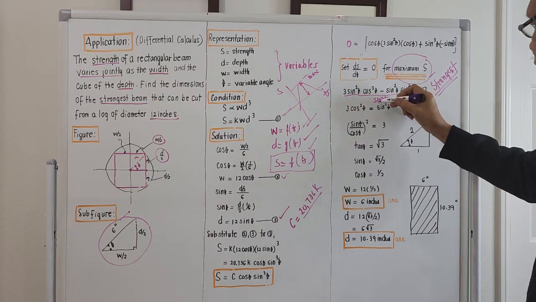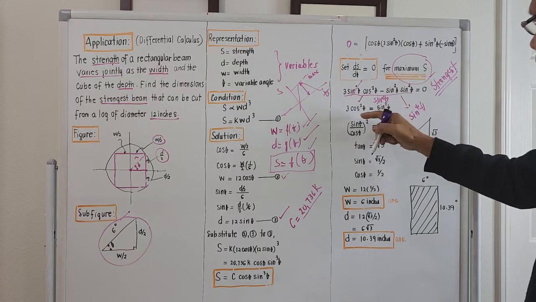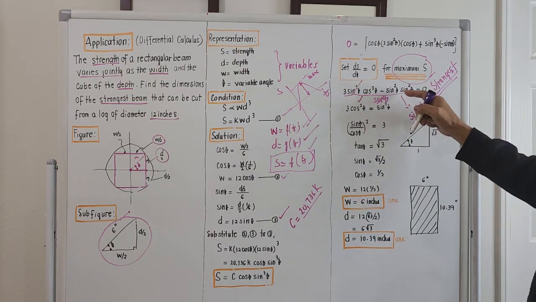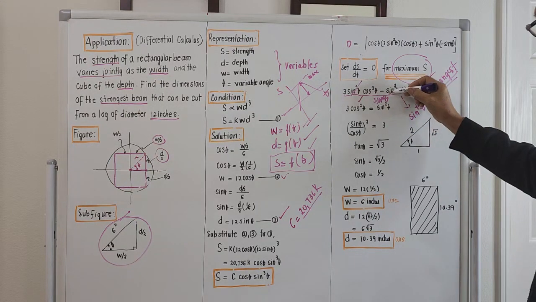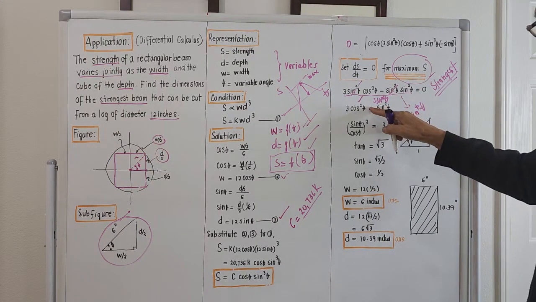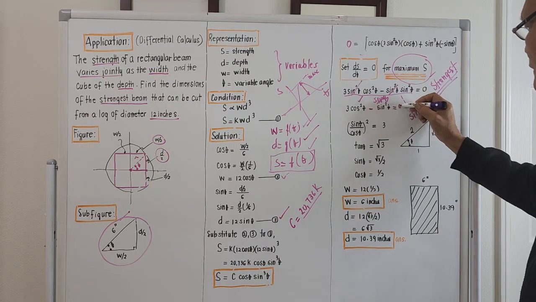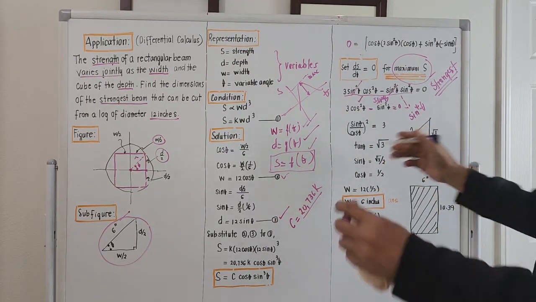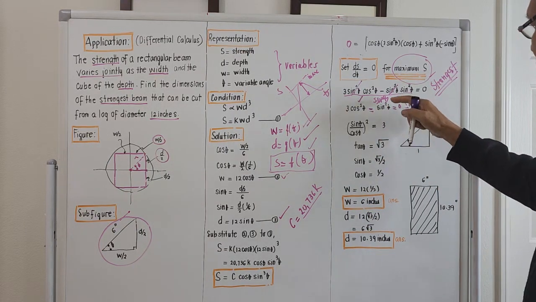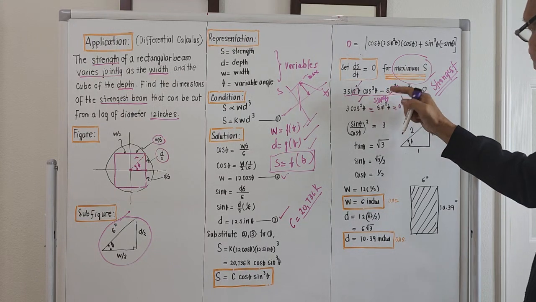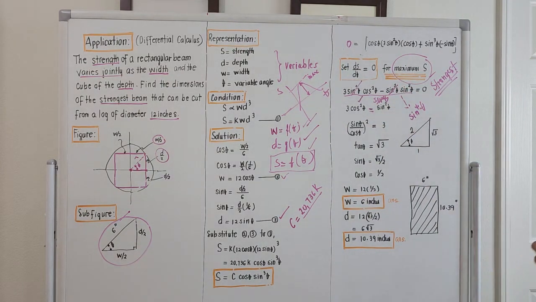So this sine square of theta cancels with this. What remains will simply be 3 cosine square of theta. The second one, divided by sine square of theta, this sine square of theta cancels with this, so this will be minus sine square of theta, and this should be equal to 0. Actually, I expedited a little bit. I put the equal sign here, so I transpose this negative sine square of theta to the right-hand side. It is something like that.